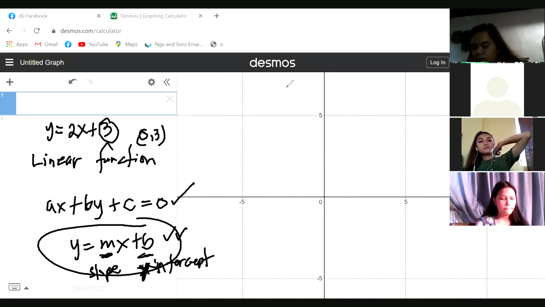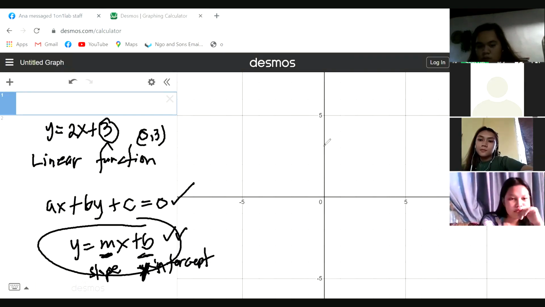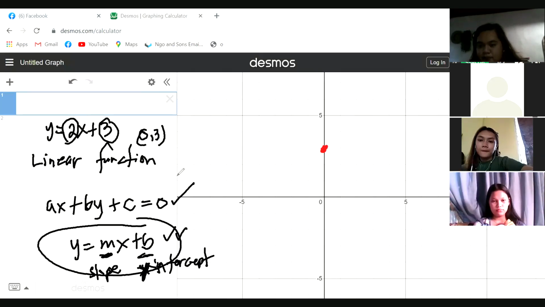So if you graph that here, it must be located at (0, positive 3), somewhere here, right? And then your slope, as we all know from your previous math, here is 2, and slope is defined as rise over run.